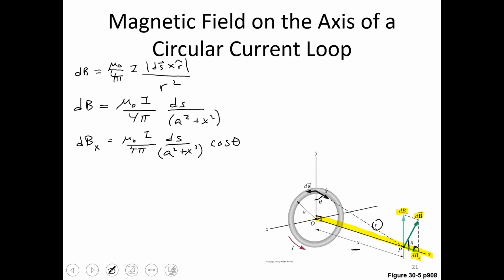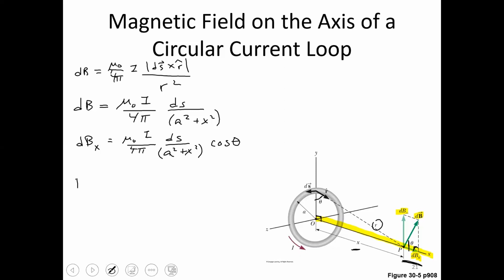So that cosine theta is just giving us this portion of the magnetic field, and dB was our hypotenuse, our overall portion of the total magnetic field from that little current element.